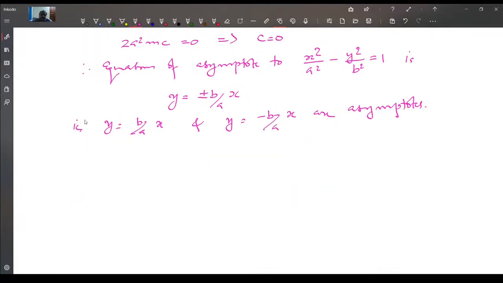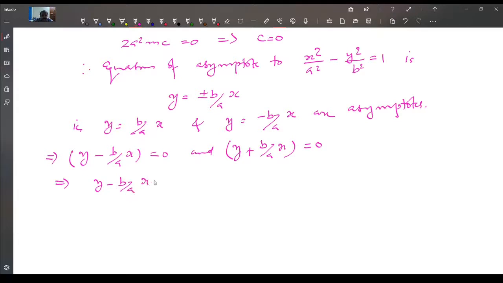Now you can derive an equation which represents the pair of these asymptotes. So this implies y minus b by a into x equal to 0 and y plus b by a into x equal to 0. So this implies y minus b by a into x, multiplied by y plus b by a into x, is equal to 0.